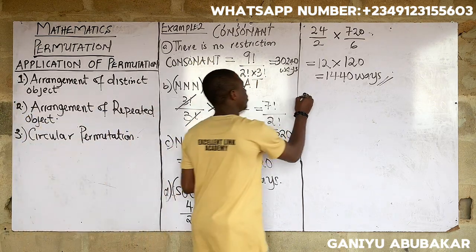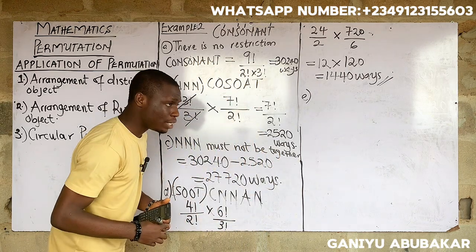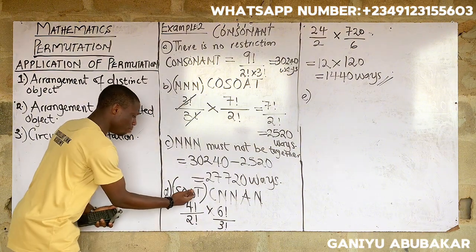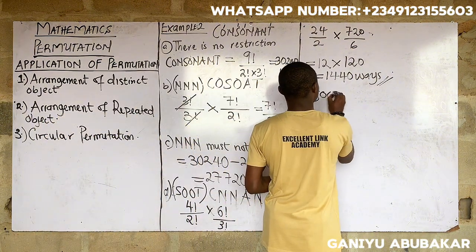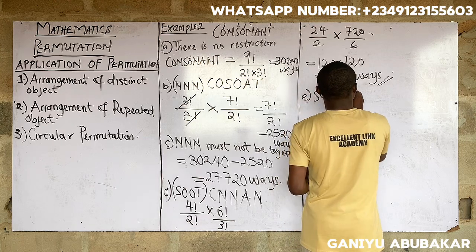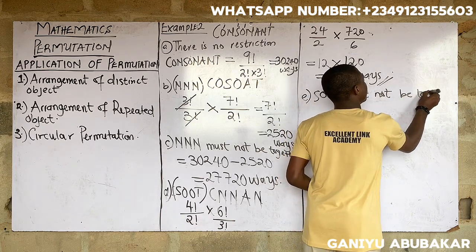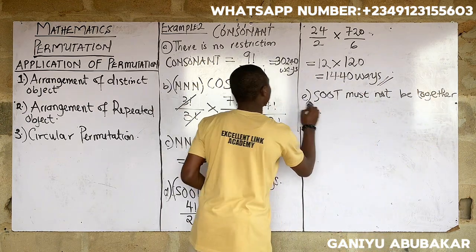Let's do question E. We said for question E that SOOT must not be together. So we have gotten the ones that must be together. So what do we do there? This one says SOOT must not be together. Go back to the restriction value.